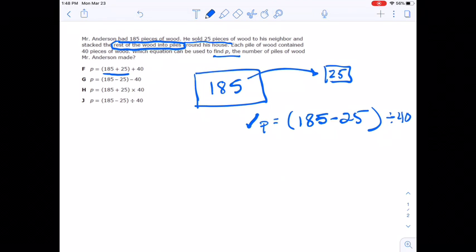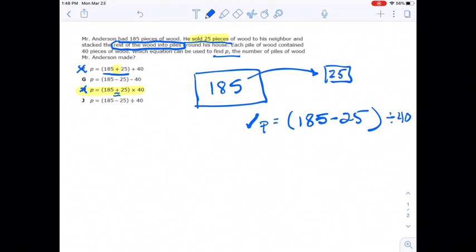Well, he sold 25 pieces of wood. So if we're adding it, it means we got more. Did he get more wood? He did not. So we know that won't work. And the good news is we can look right down here at H. It does the same thing. It adds the 25 pieces of wood to it. So we know F won't work because he didn't get more wood, and H won't work for the same reason.